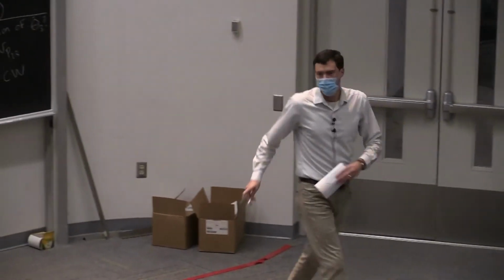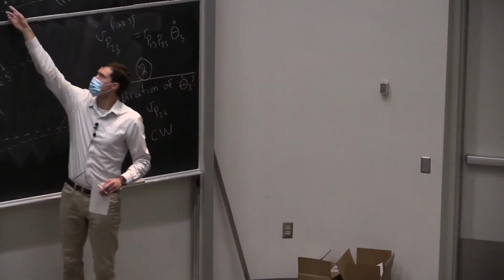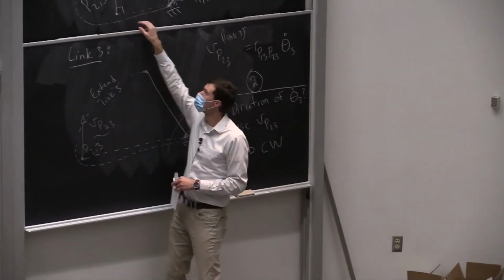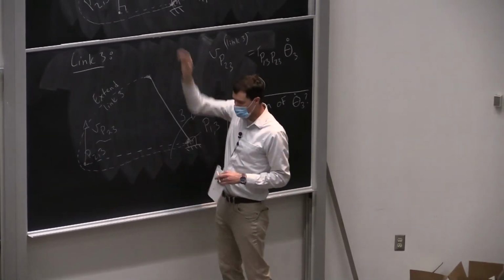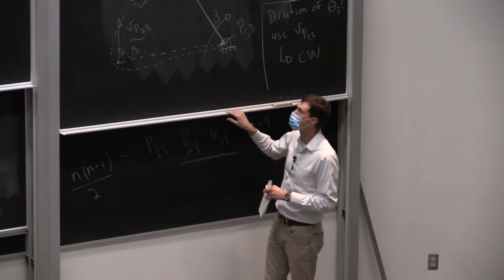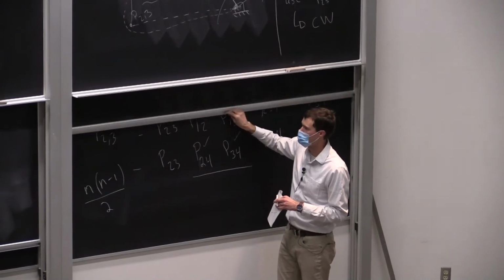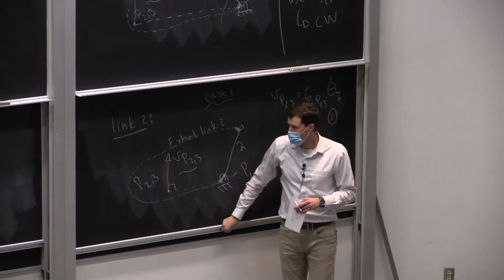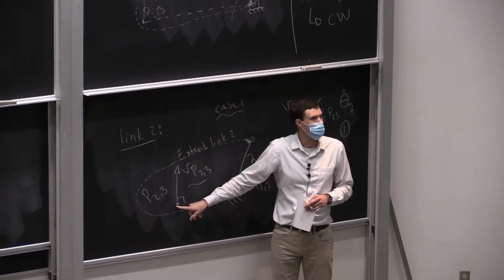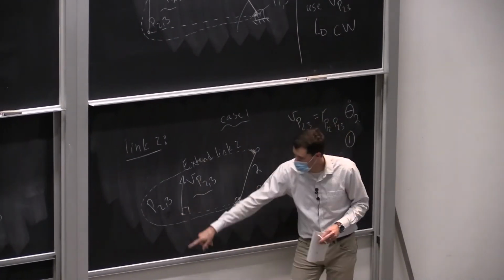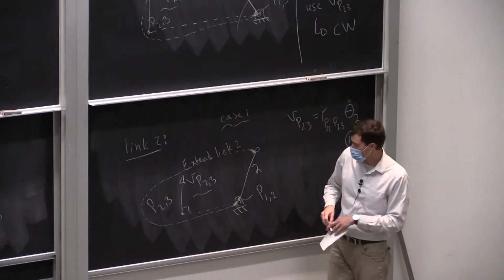Okay, so the question was to repeat why this one is up. Yeah. So when we were on link 2, let me bring that board down here. When we were on link 2, I was putting the velocity of P23 on here. The question is, why is it up instead of down? And that's because we knew from the input, theta 2 dot is clockwise.